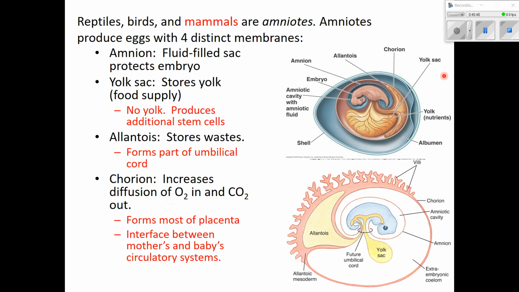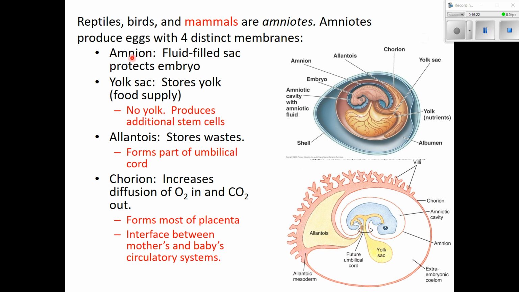All right, so notice in red, I've gone through each of those 4 layers, describing how evolution has tweaked them so that they serve related functions, but not exactly the same function in mammals. The amnion is virtually unchanged. When you were developing in your mother's womb, you were wrapped and protected inside a fluid-filled sac called the amnion.